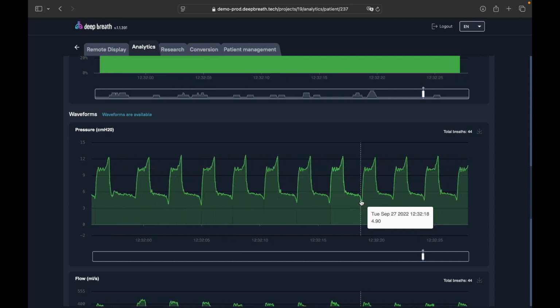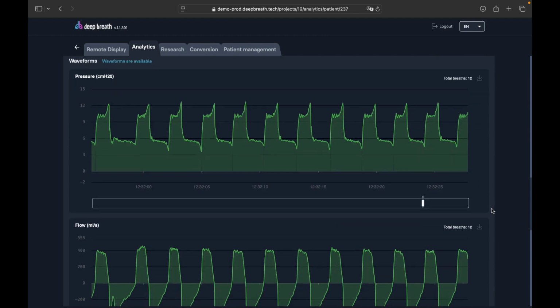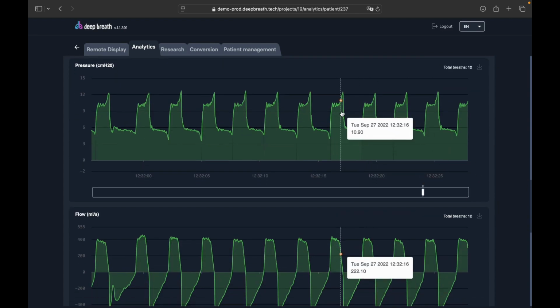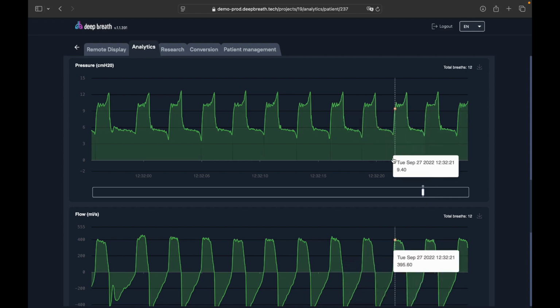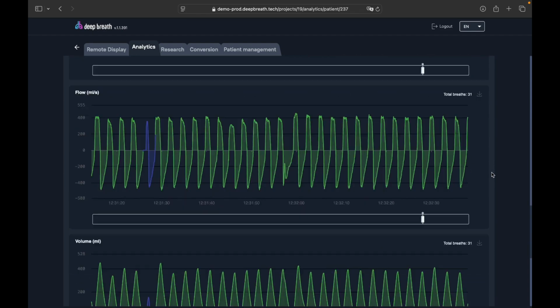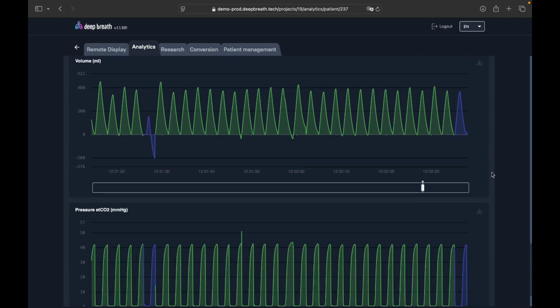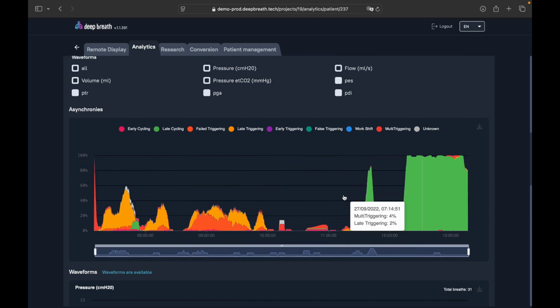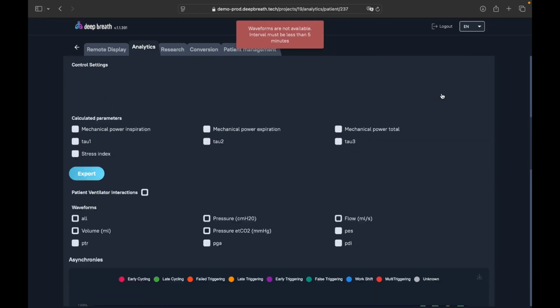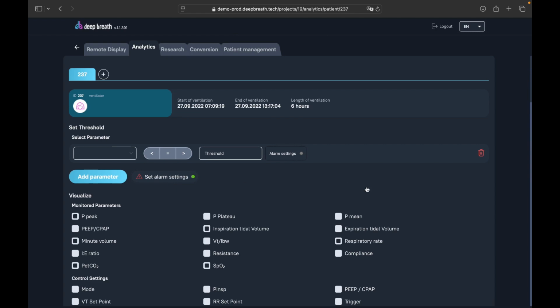So we see it's almost 100% late cycling here. At the moment of maximum pressure, flow is already negative. So the patient started exhaling much earlier than the ventilator stopped its inhale.